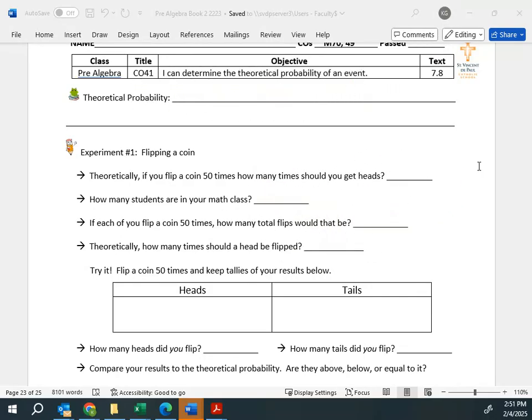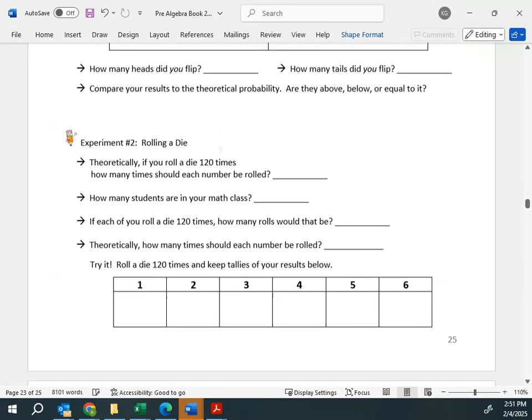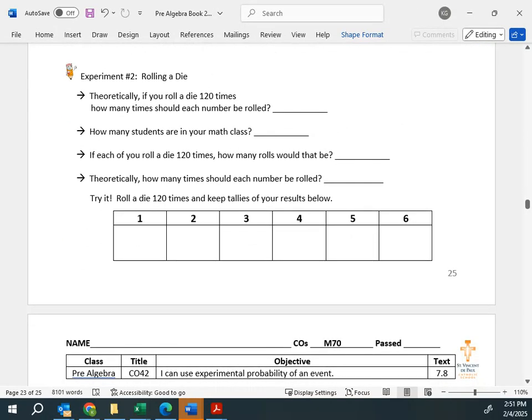Let's look at the second part, which is rolling a die. So we're going to look back at the work you're going to do in just a minute, but right now let's look at the rest of our page. This time, experiment 2 is rolling a die. Theoretically, if you roll a die 120 times, if you alone roll 120 times, how many times should each number be rolled?